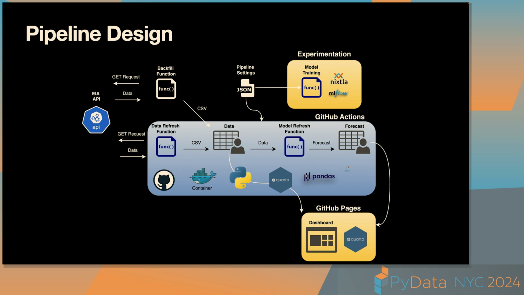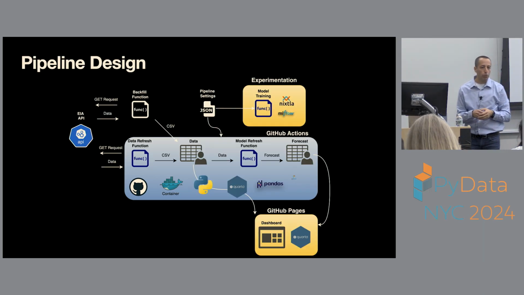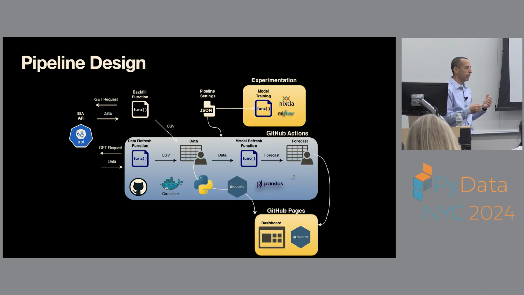Familiar with GitHub Pages? GitHub Pages enables you to set up a website on your repo. And there is the experimentation where we train models, run experiments to test multiple models, and then select, for each time series, the model that performs best.